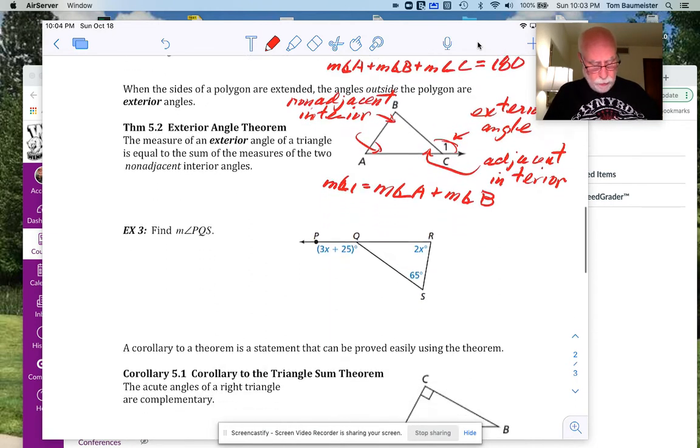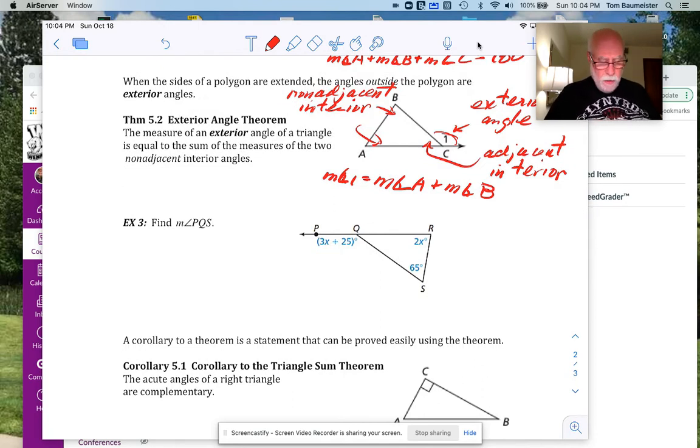So, all right. Example 3: find the measure of angle PQS. So they want us to find the measure of this angle here. That is our exterior angle, and we know it is equal to the sum of the two non-adjacent interior angles. So we can say that 3x plus 25 is equal to the sum of these two, so that would be 2x plus 65 degrees.